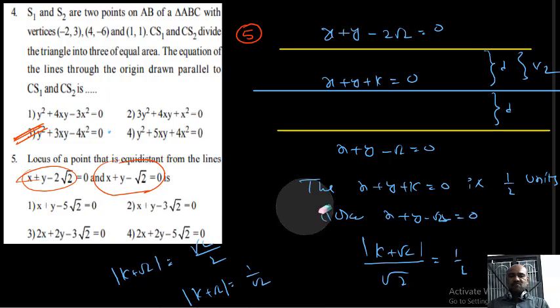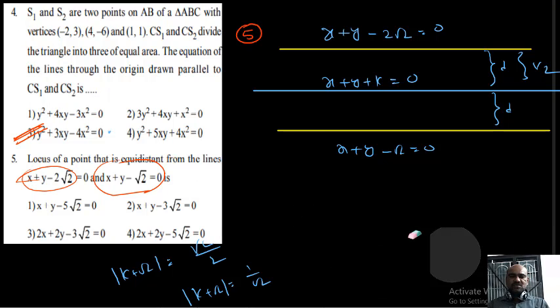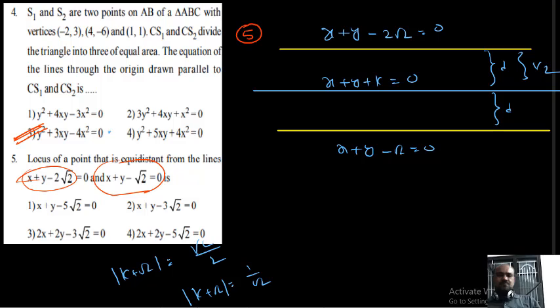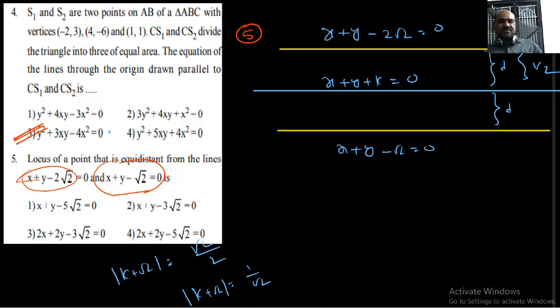Or just to find the k value, one is k plus root 2 equal to 1 by root 2, another is k plus root 2 equal to minus 1 by root 2. We will find both, and after that we will decide which is the correct one.